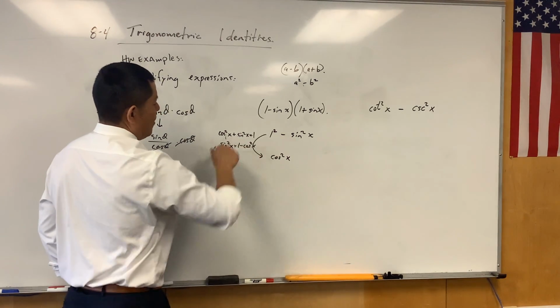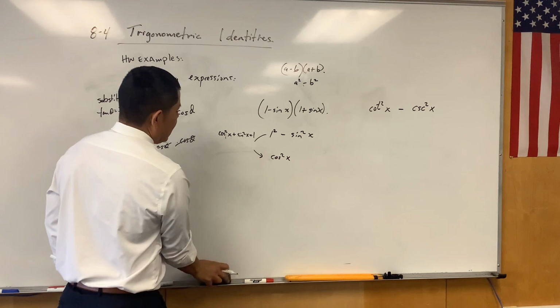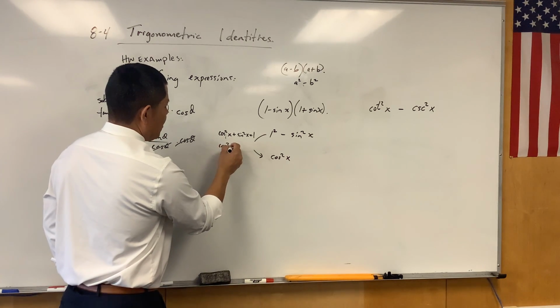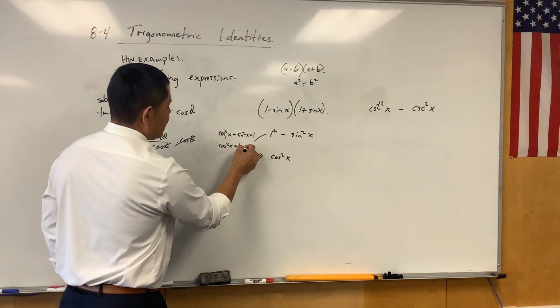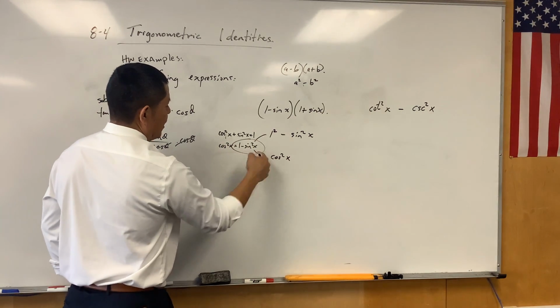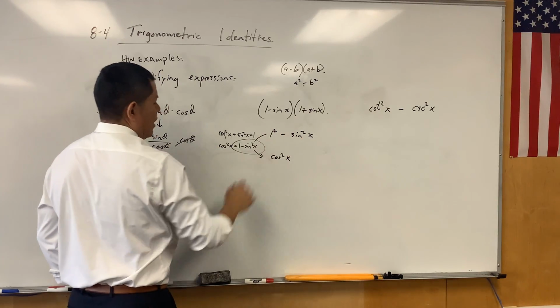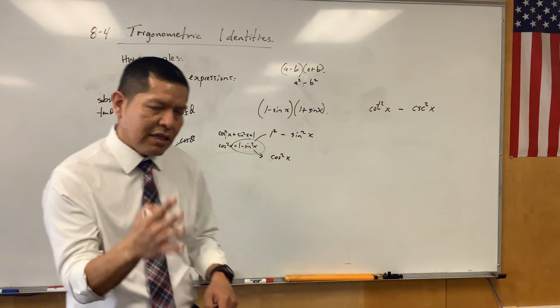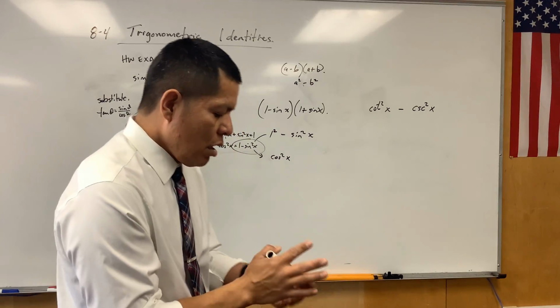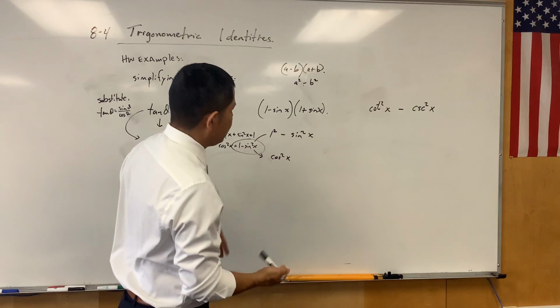Oh, I'm sorry. I have to solve for the cosine in this one. So the cosine squared of x is equal to 1 minus the sine squared of x. And then we substitute the cosine with this. And then now we have a single trig function that we started with in this case.